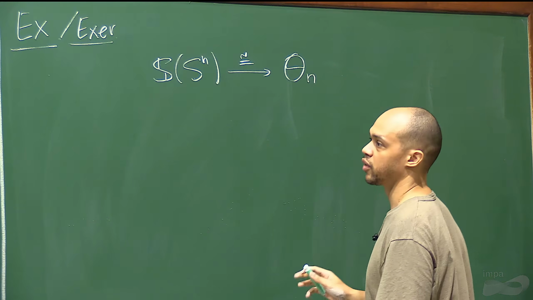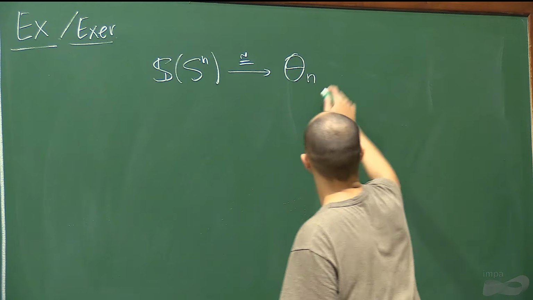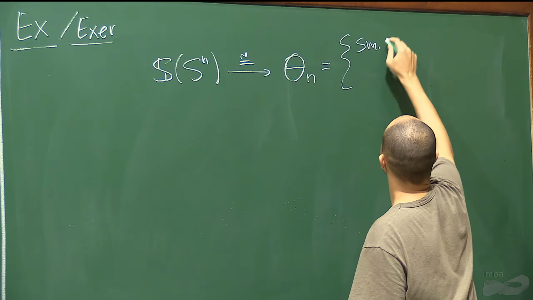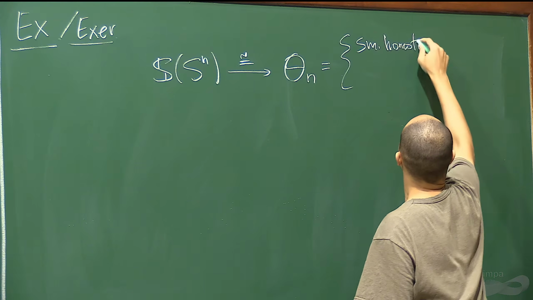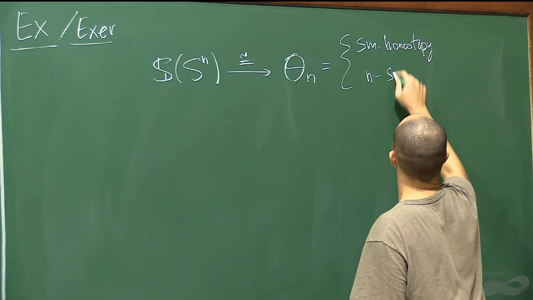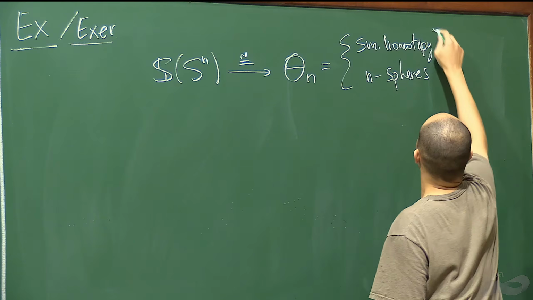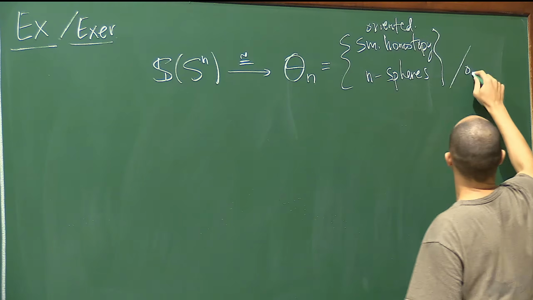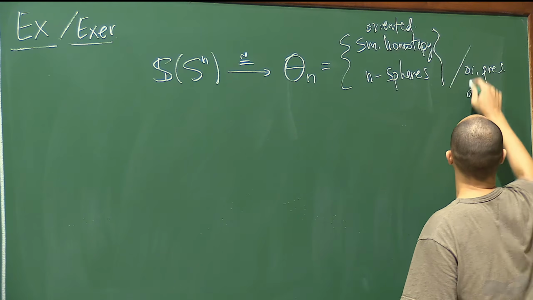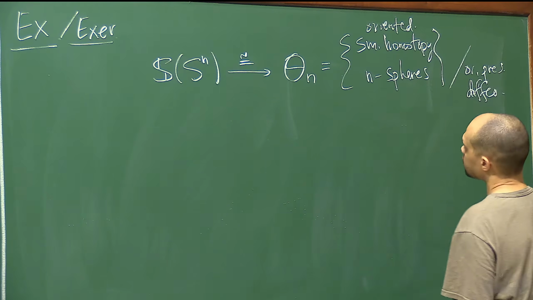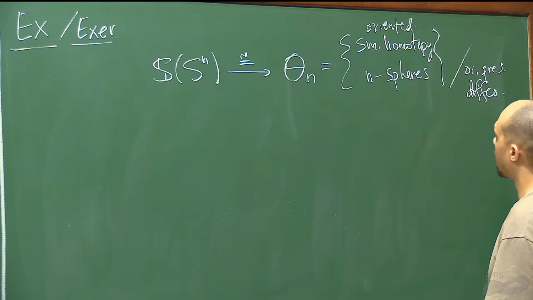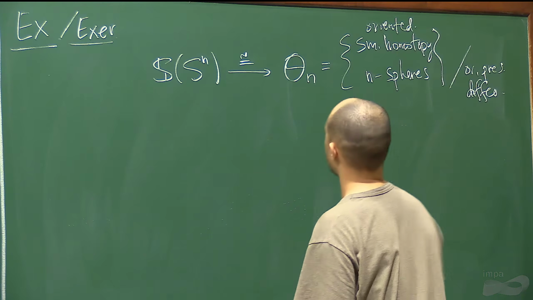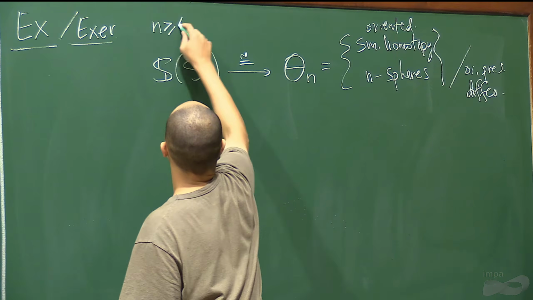Let's remember how this is defined. Theta n was defined as smooth oriented homotopy n spheres up to orientation preserving diffeomorphism. And this is for n at least 5.